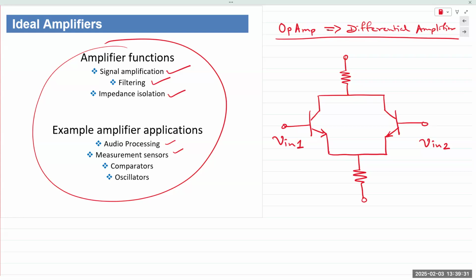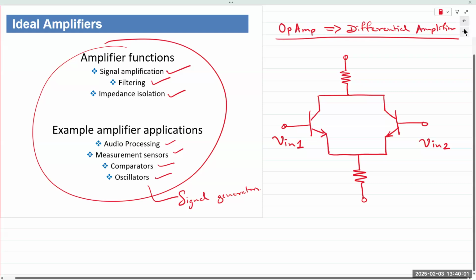One of them is a 741, the other one's a comparator. So you can use the op amp as a comparator. And then also oscillators. Oscillators are for generating signals. So signal generators. So it's a very versatile device. And again, we are not going to look at the internal workings of the op amp. We're going to use the op amp as a building block and build our circuits.